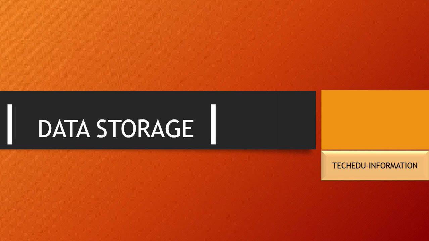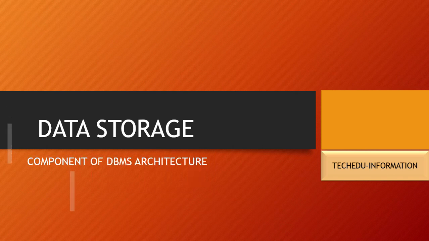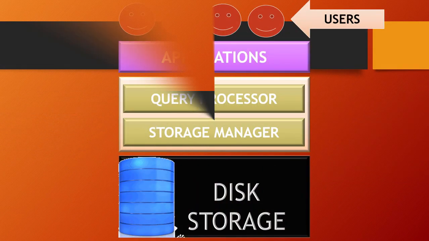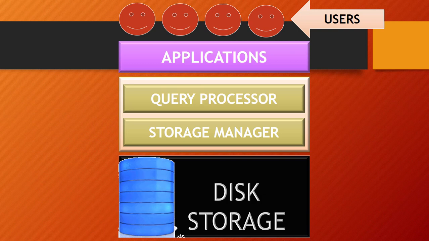Hello everyone. This is the last part of this detailed architecture of DBMS, that is the data storage. We have started from the topmost layer of this architecture, that is users, applications, query processor, storage manager and disk storage.